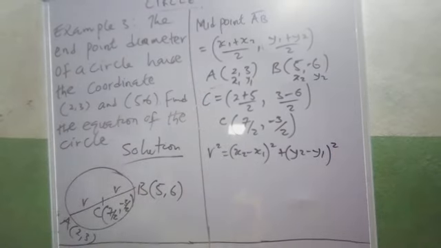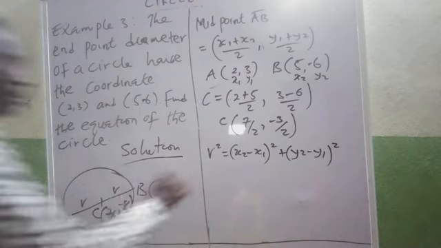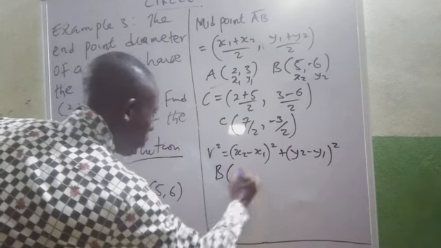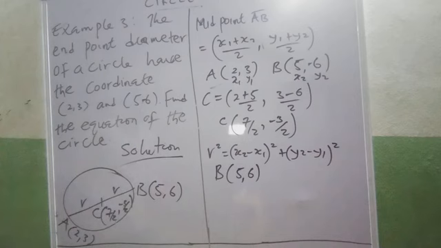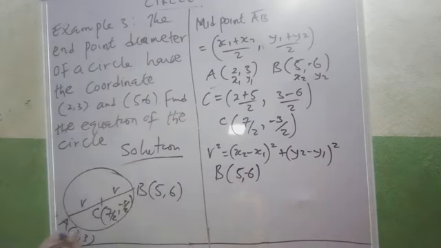Now we are using these 2 points. We are using the points B and C. So if I use B and C, B is the point 5 and minus 6. Don't forget, we said it's minus 6.